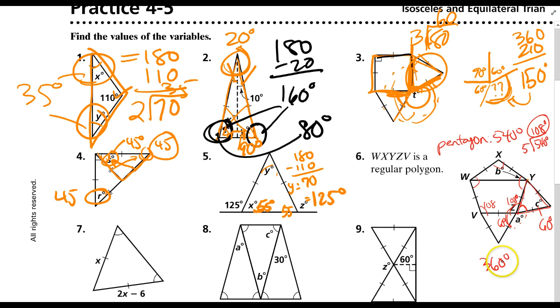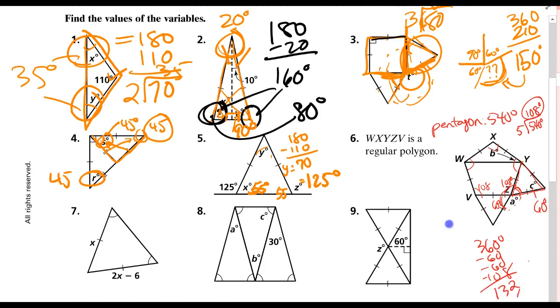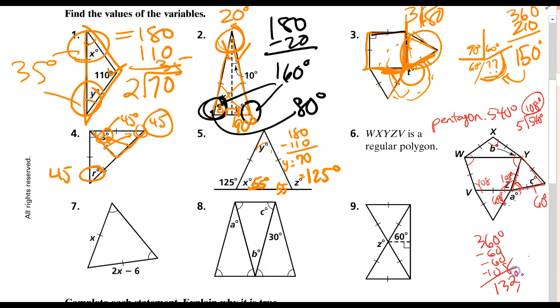So starting with 360, I take off 60 for this, 60 for this, 108 for this, and I'm left with 132. Whoops, sorry. 132 degrees for angle A.